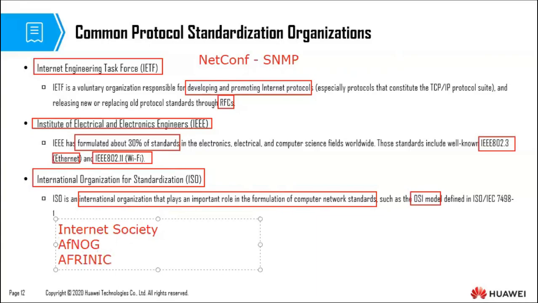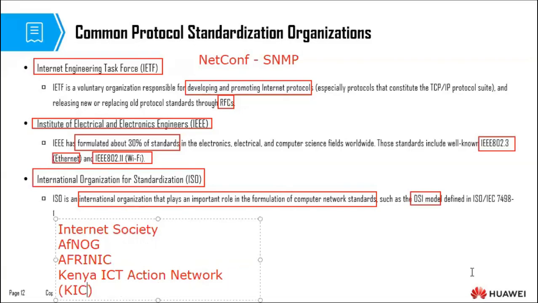We are going to look at AFRINIC later, so you can Google about these ones. In Kenya, you can also join the Kenya ICT Action Network, KICTANet, which also deals with policy.